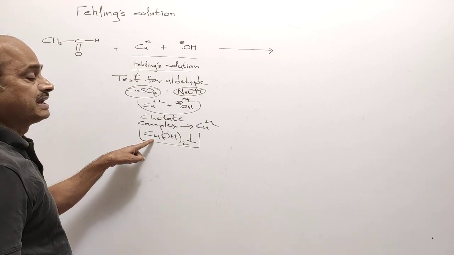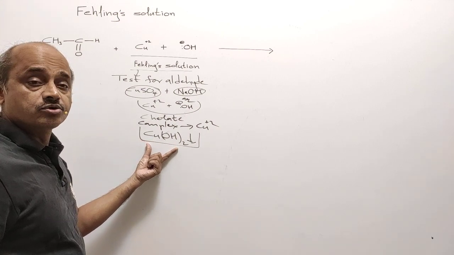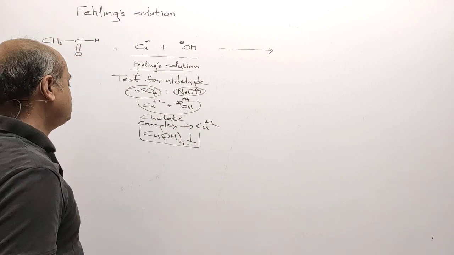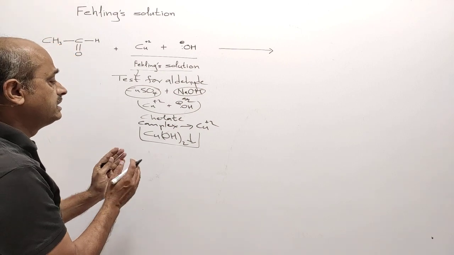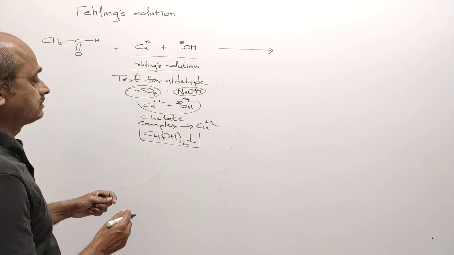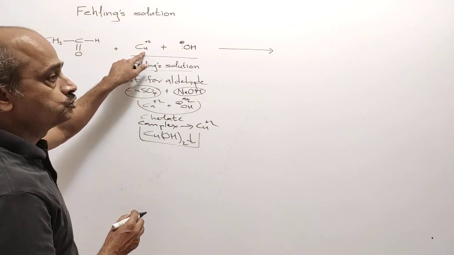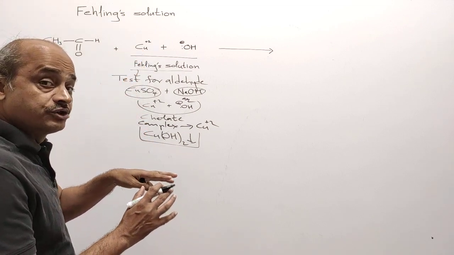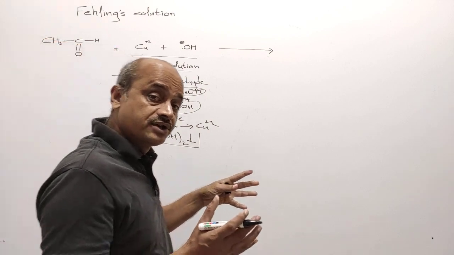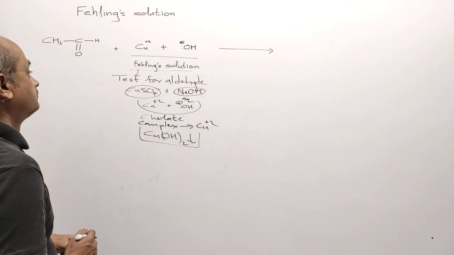This is sparingly soluble, and therefore a precipitate of cupric hydroxide, normally called copper hydroxide, is formed, and free Cu plus 2 ions are not available for reaction. So to keep copper plus 2 available in the form of Cu plus 2, Rochelle salt is added.